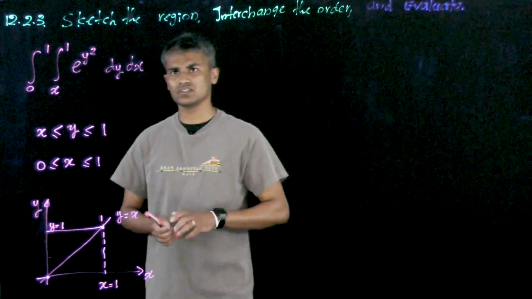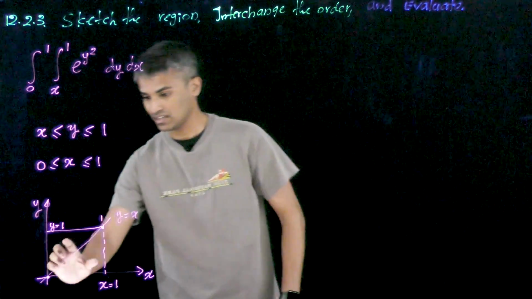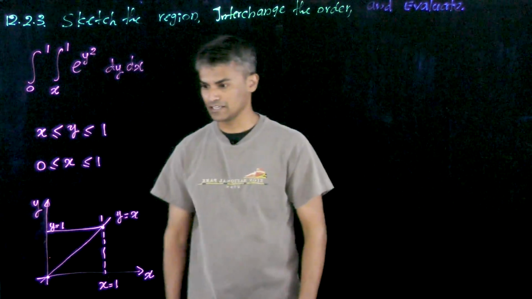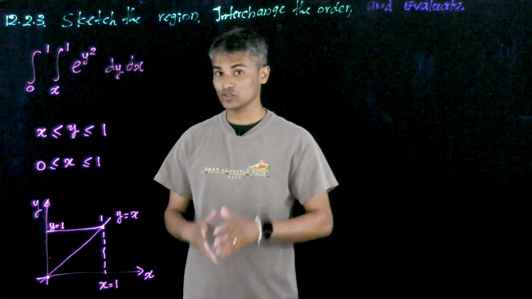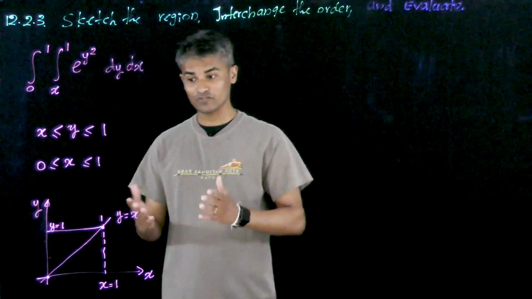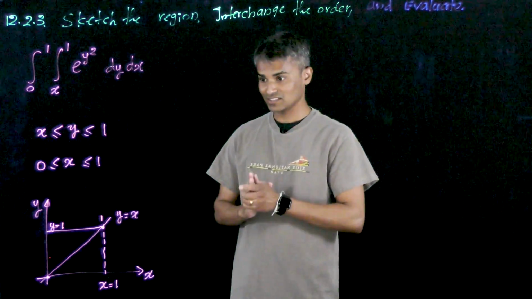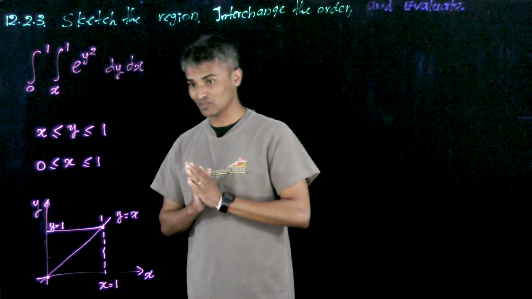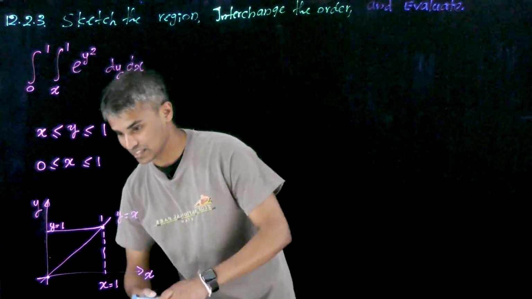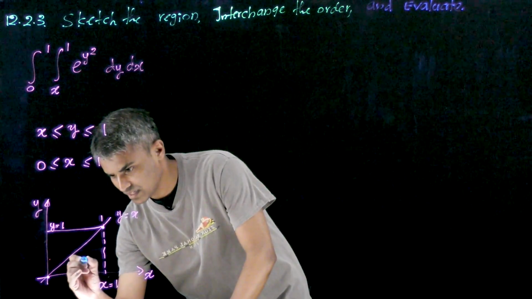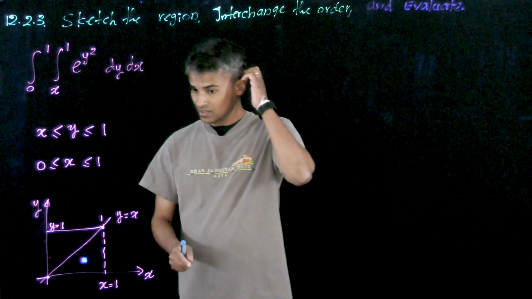Now, let us figure out the region of integration, because as you can see, we have two regions. At this point I think you should pause the video and try to figure out the domain of integration, but let us figure it out.